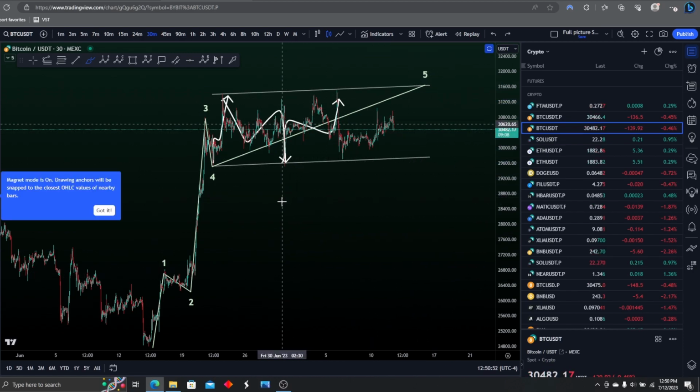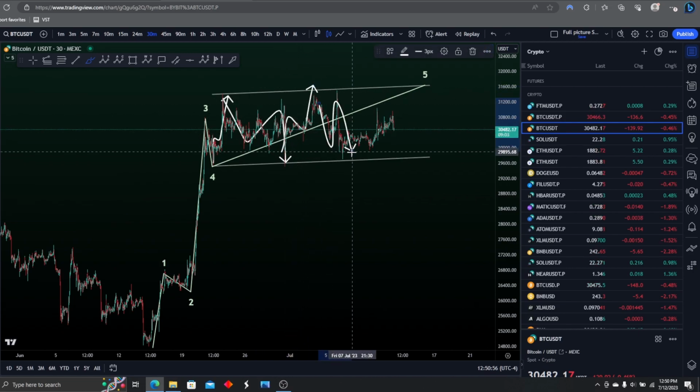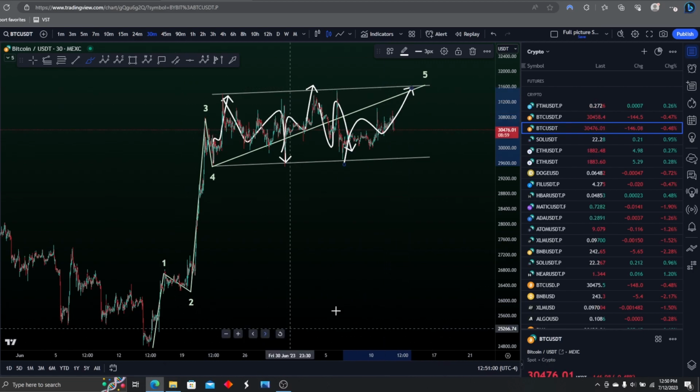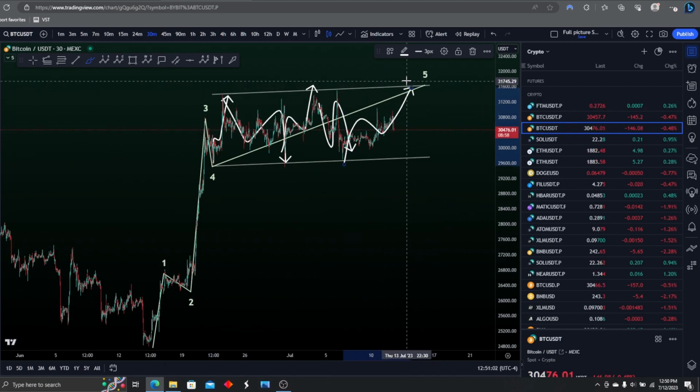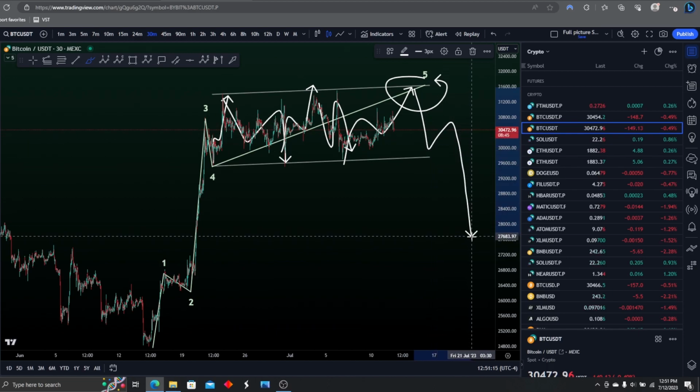Or something like this, 3, 4, 5. Right up to this range, 31.5 to 31.8, right before 32. And then it would finish this wave, and you can come down and take these lower targets out.